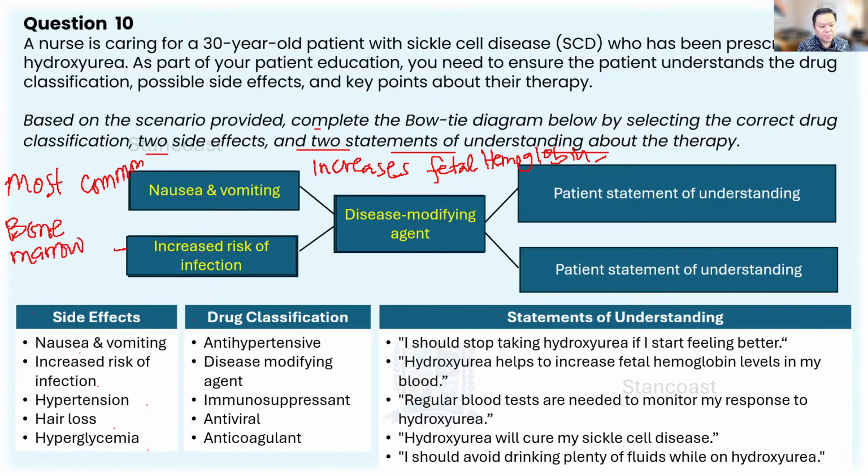So that is why we need to keep an eye on this patient's blood count. So remember that I said earlier about regular checkups on this patient, that they need to be compliant with the visits when they are prescribed with the hydroxyurea. The reason for that is because they need their blood work checked every now and then.